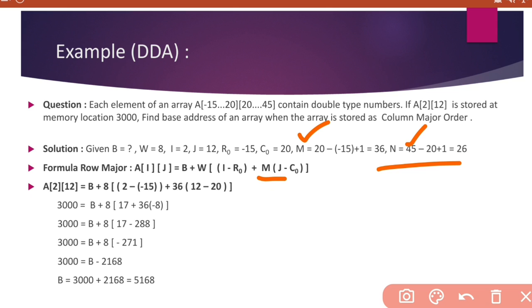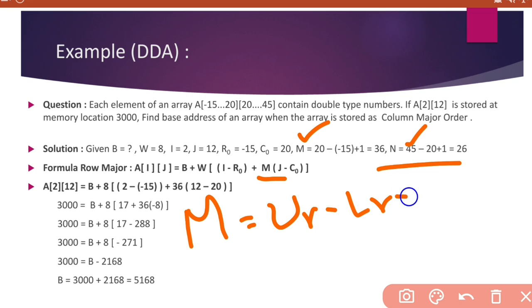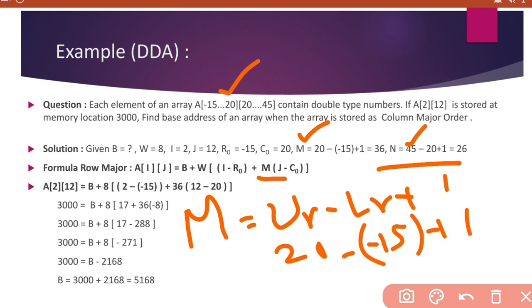Then see, the formula of M is upper row minus lower row plus 1, means 20 upper row minus minus 15, plus 1, that's why I wrote it here.